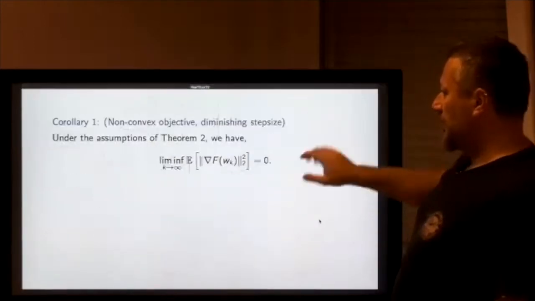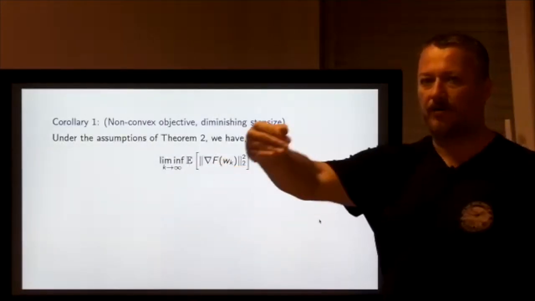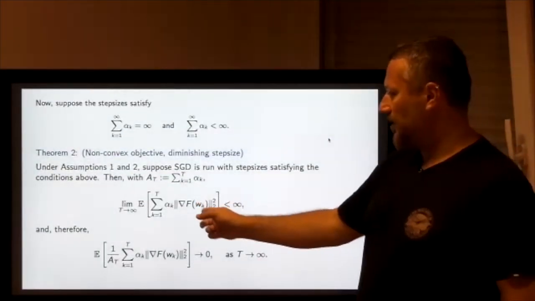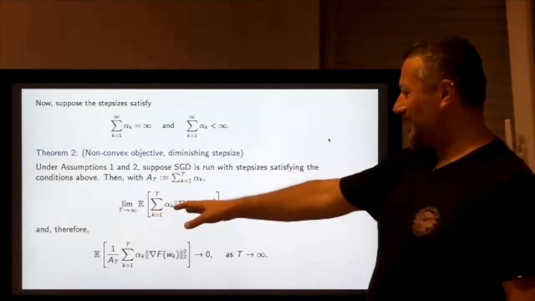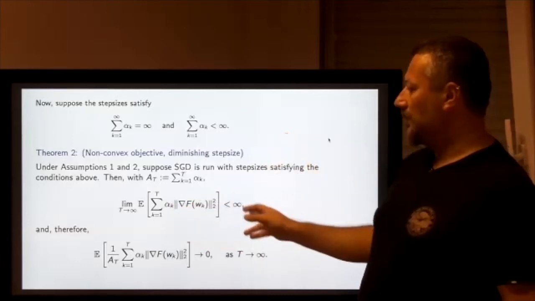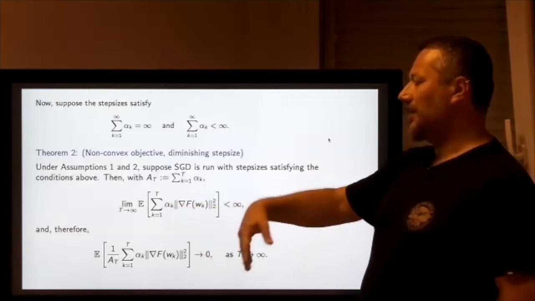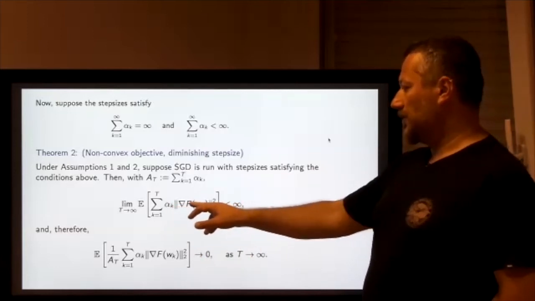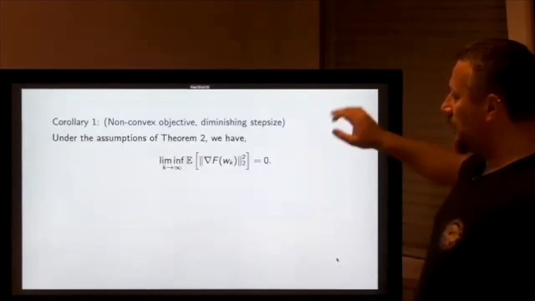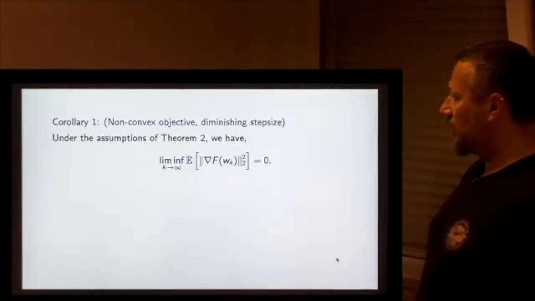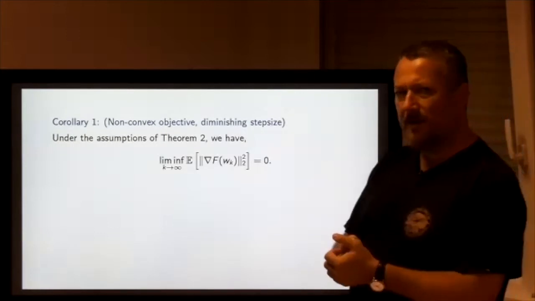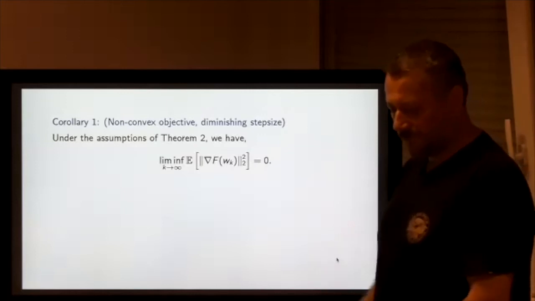Otherwise, if these gradients stay bounded away from 0, you could take it out as a constant, and this gives us a contradiction because the sum of alpha k's is infinite. Since the sum of alpha k's is infinite, there should be a subsequence of these gradient norms that converges to 0, so that this is finite. So this is our first corollary. I'm going to give 2 more corollaries, but I'll do that after a break.